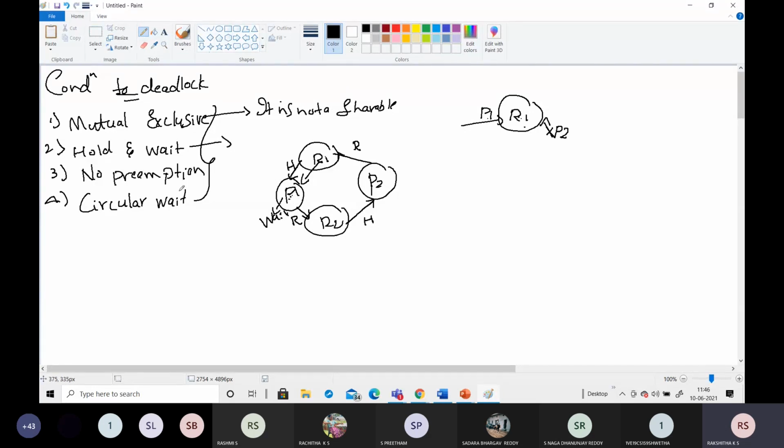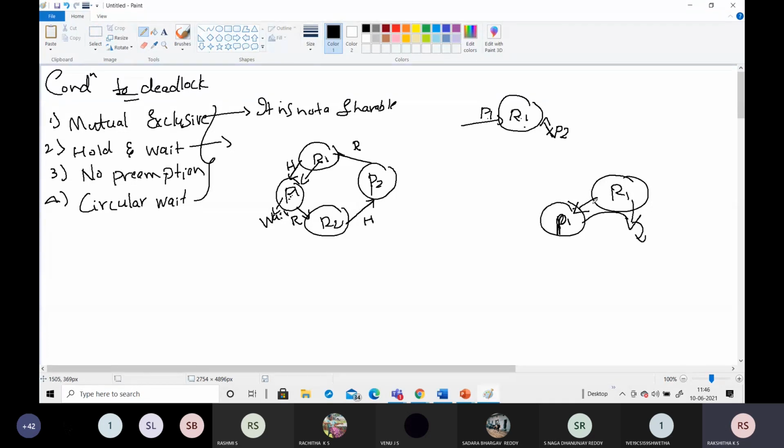Next, the third one is no preemption. What is no preemption? For example, there are resources and there are processes. If a particular resource is utilized by the process, then the resource can be released voluntarily by the process. Whatever time P1 requires that resource, once the task is done, the resource is released voluntarily by the process.